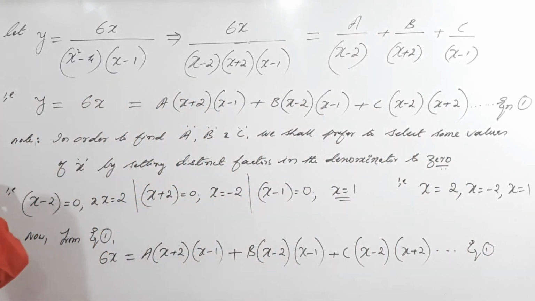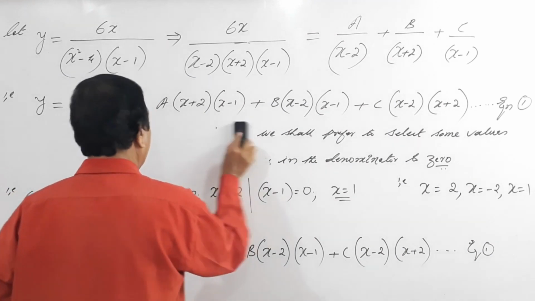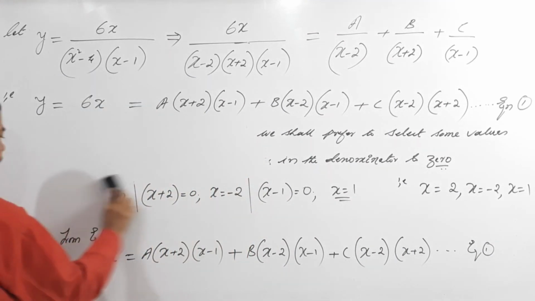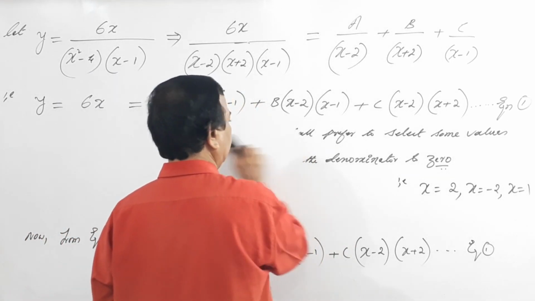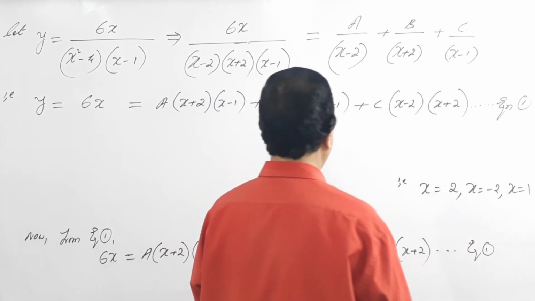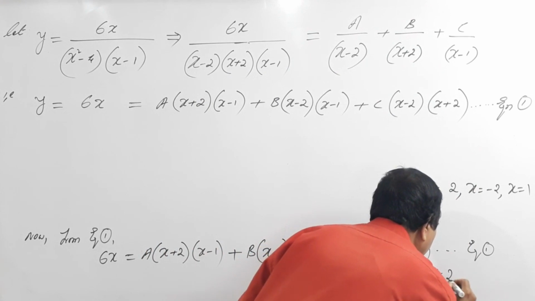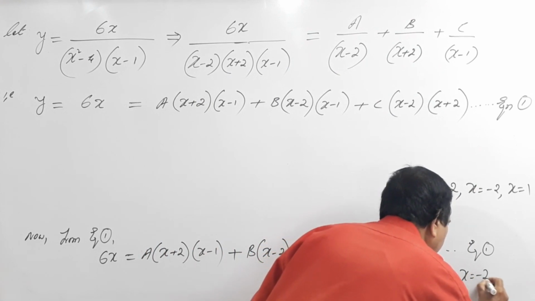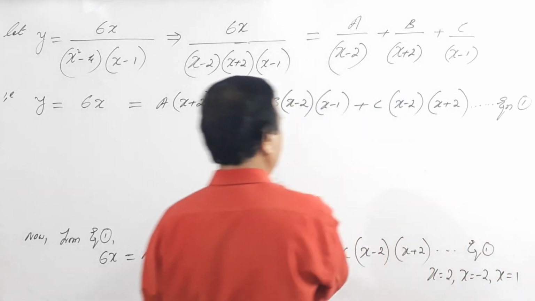I'll rub this, this is not required now. So that is x equals 2, x equals minus 2 and x equals 1.